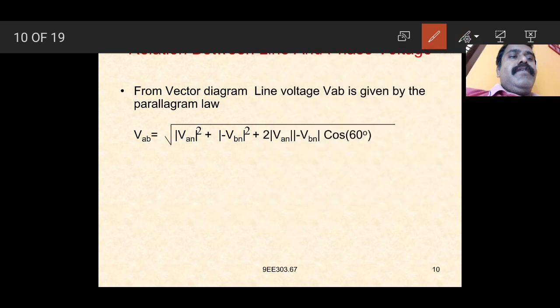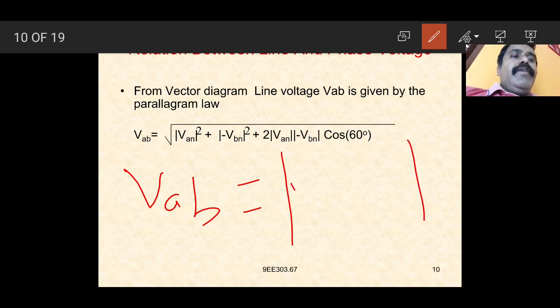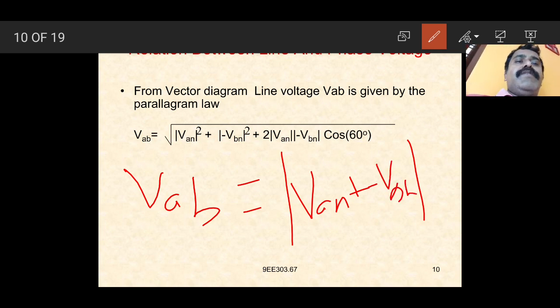So VAB is equal to under root of VAN square plus VBN square plus VAN VBN cos 60 degrees.